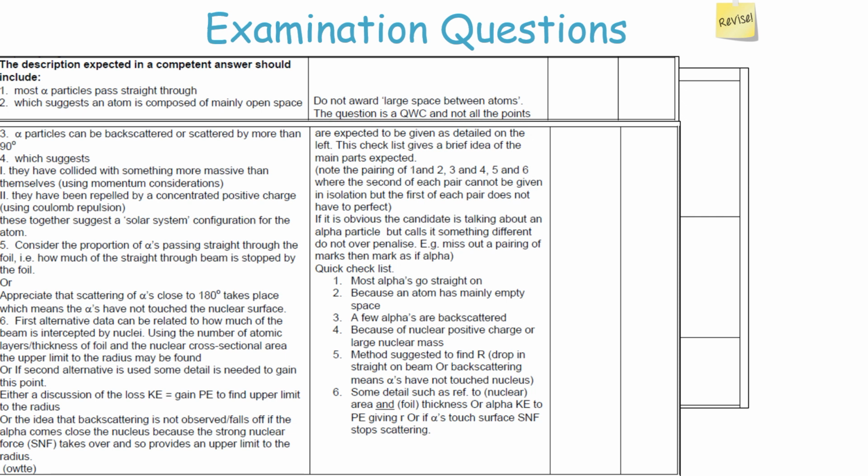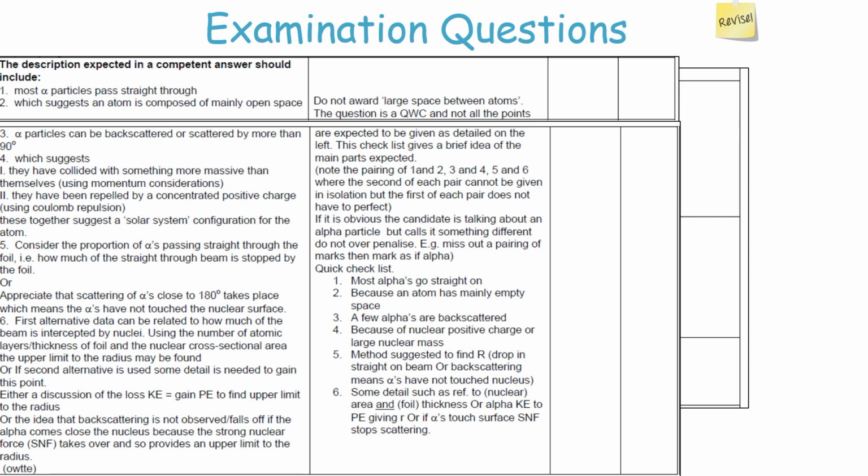Then you'd also consider the proportion of the alphas passing straight through compared to how many reflect backwards. If 1 in 10,000 alpha particles is backscattering, then this positive charge must be about 10,000 times smaller than the actual atom itself. Because when these alpha particles are backscattering, they're not actually colliding with the positively charged nucleus, rather they're being repelled.